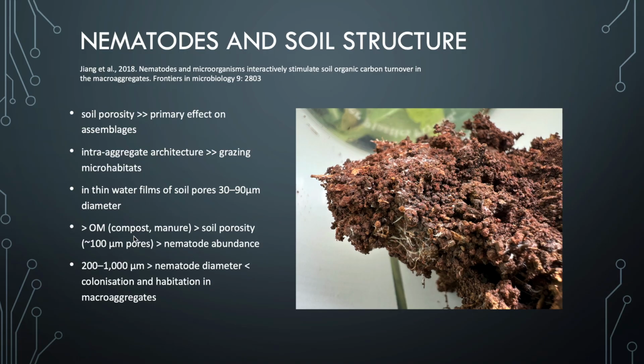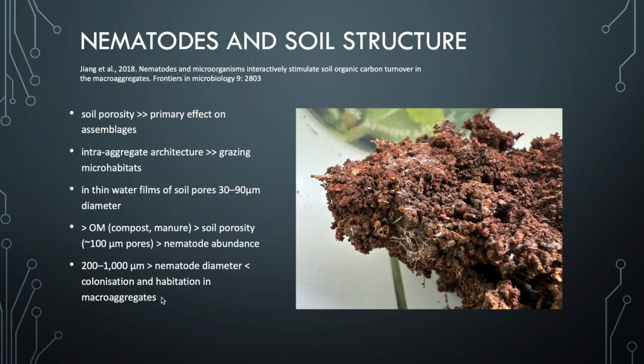Increased organic matter, such as compost or manure, increases soil porosity to around 100 micrometer pore sizes, and this leads to an increase in nematode abundance. Pore sizes of 200 to 1000 micrometers are greater than the largest nematode diameter, and this reduces colonization and habitation in macroaggregates.